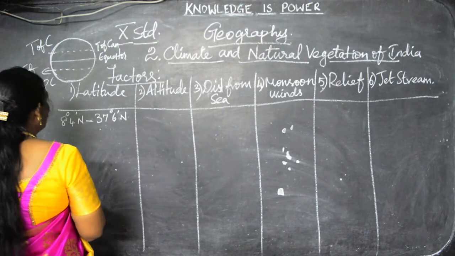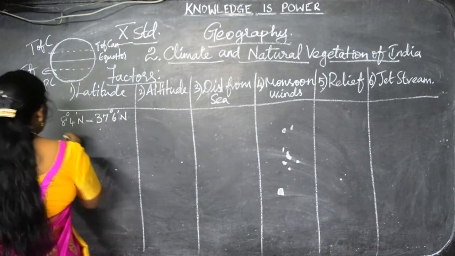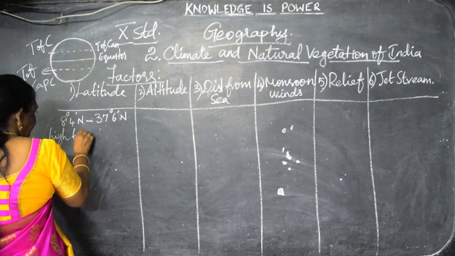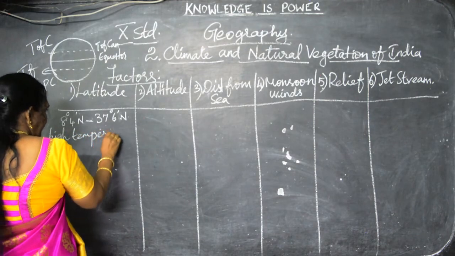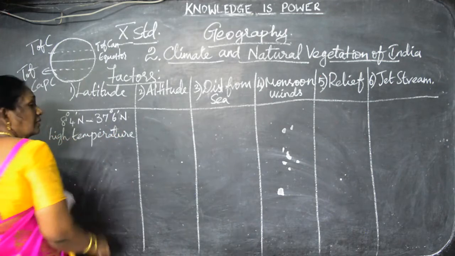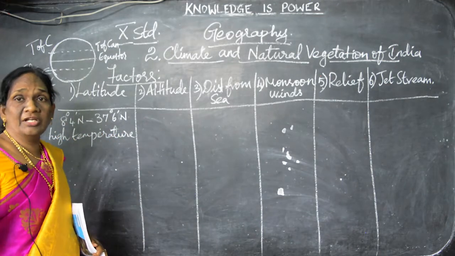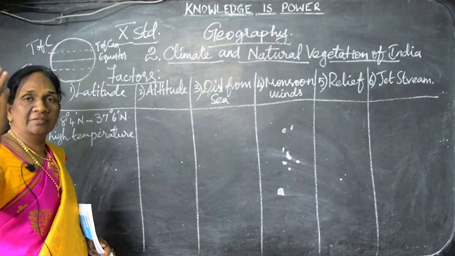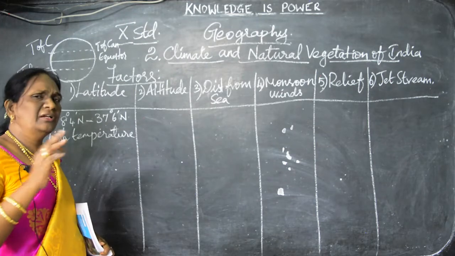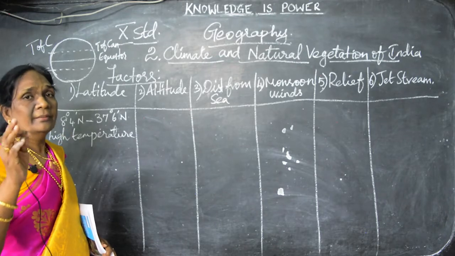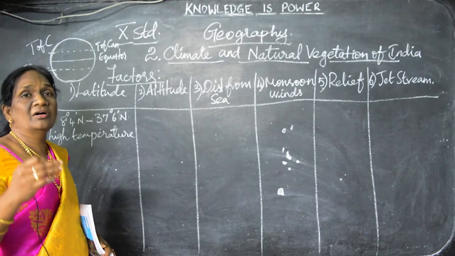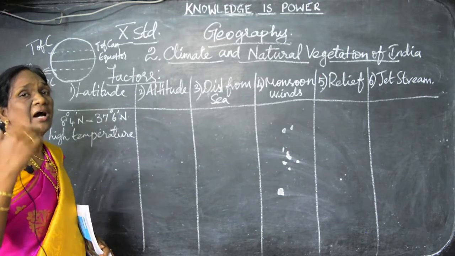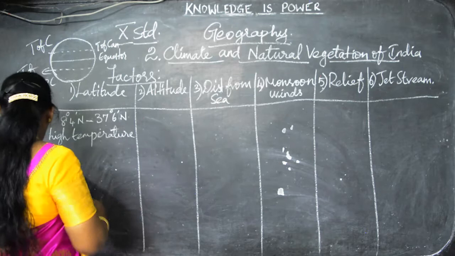Because of the Tropic of Cancer, India feels high temperature. Here in Russia, it's a very cool country. Russia and the United States of America are somewhat cool countries, but India and Africa are near the equator, so they are hot countries. We have high temperature. Understand?